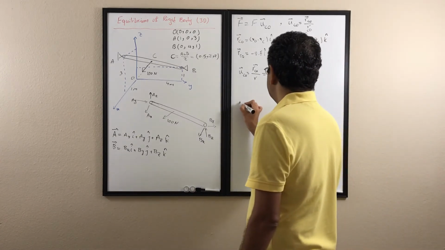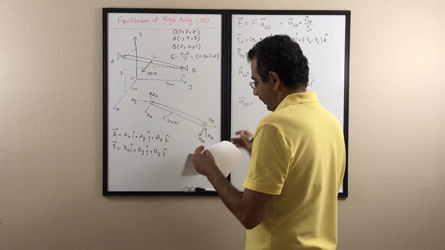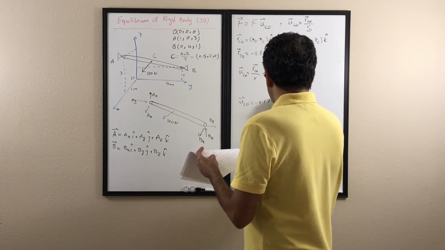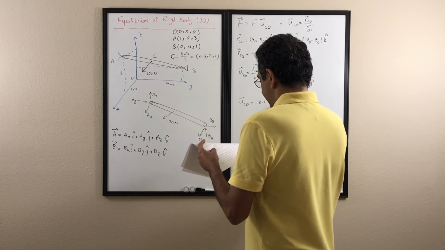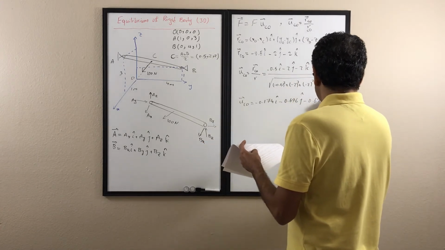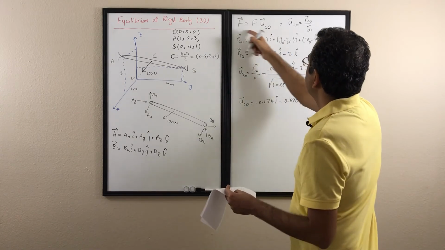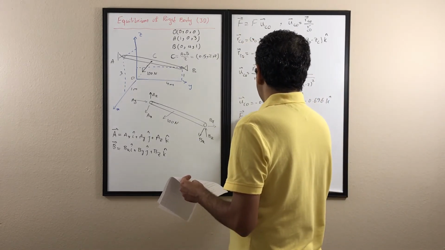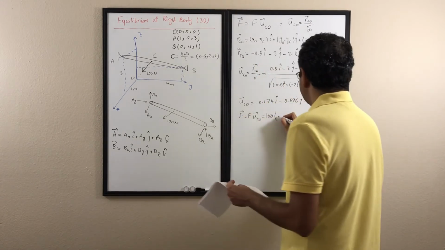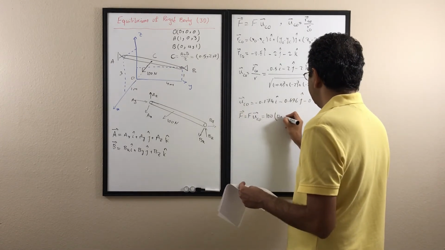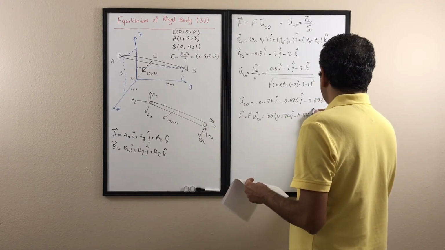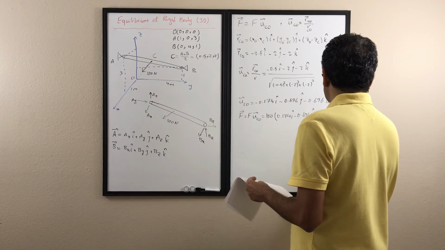If we do that calculation, UCO is negative 0.174 I, negative 0.696 J, and negative 0.696 K. So now we can find the force: F equals F times UCO, and F is 100 times the UCO.